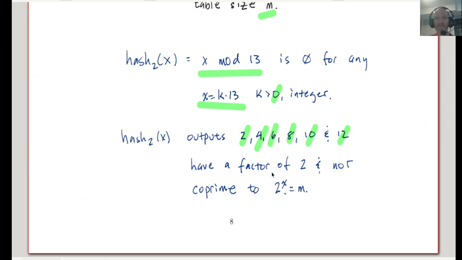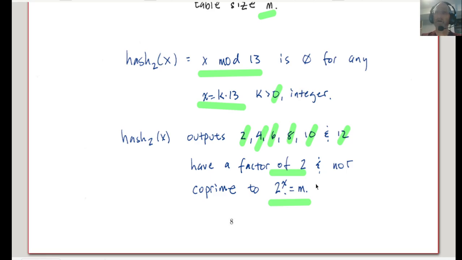They all have a factor of 2. They're even, and that means that they're not co-prime to the table size, which always has a factor of 2. We started out at 4, which is 2 times 2, and then we double it every time. So m can be expressed as a power of 2, which means it's got a factor of 2 in it, and that means that the outputs of hash2 are not all relatively prime to the table size.